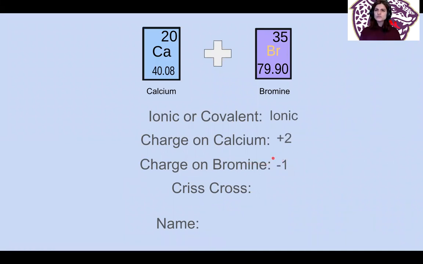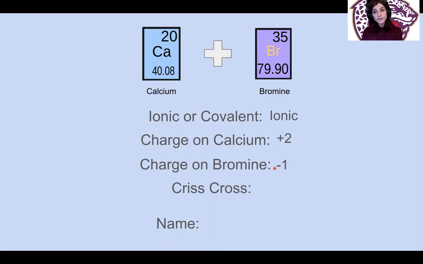So let's talk about those charges again. So calcium, the reason why calcium has a +2 charge is because it loses its 2 electrons. It yeets them off. And so there are now more protons than there are electrons, because like I said, the electrons are gone. So with more protons, it now has a +2 charge.